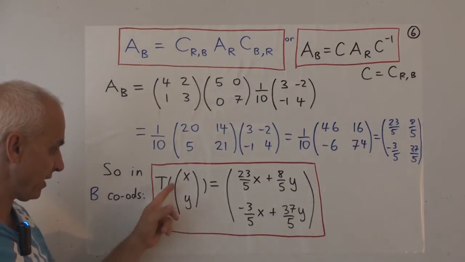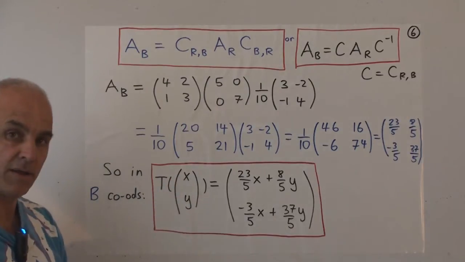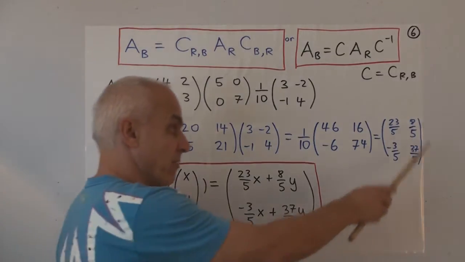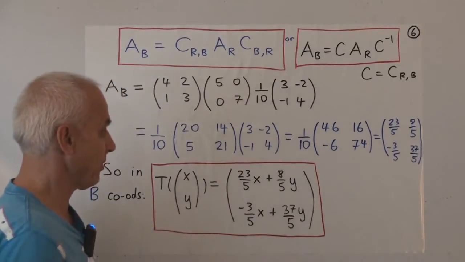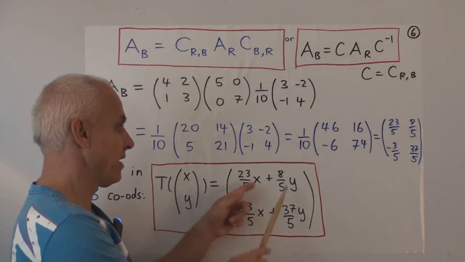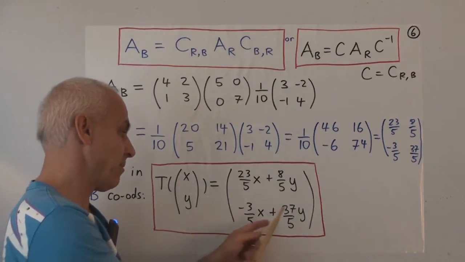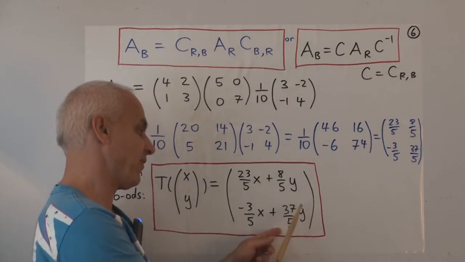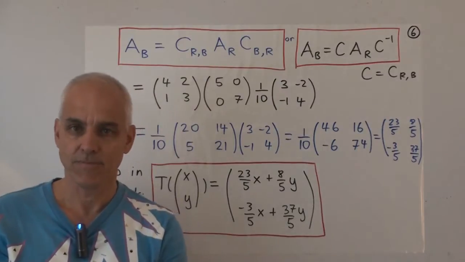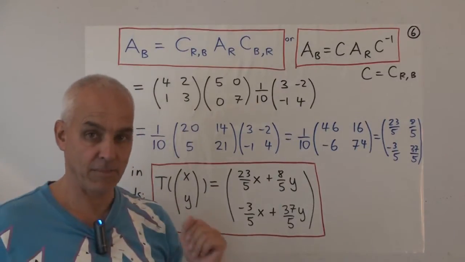He thinks that a vector with coordinates x and y goes to what happens when you multiply by this matrix. In other words, 23/5 times x plus 8/5 times y, that's the first entry, and minus 3/5 x plus 37/5 y. You can see that's not a diagonal matrix anymore.